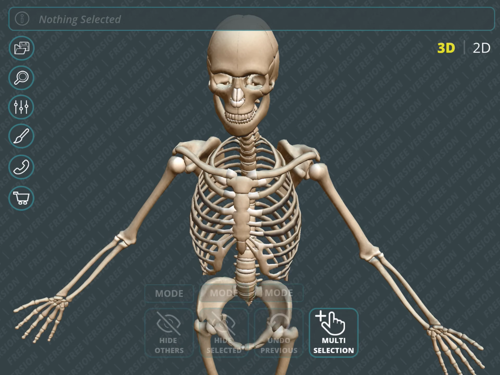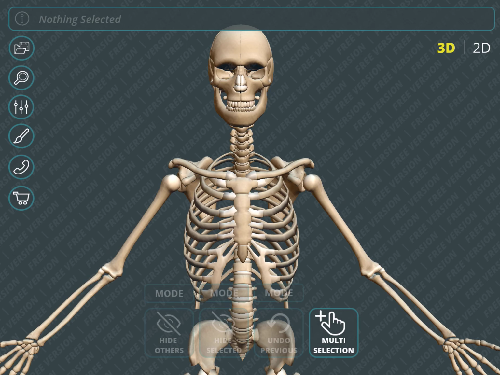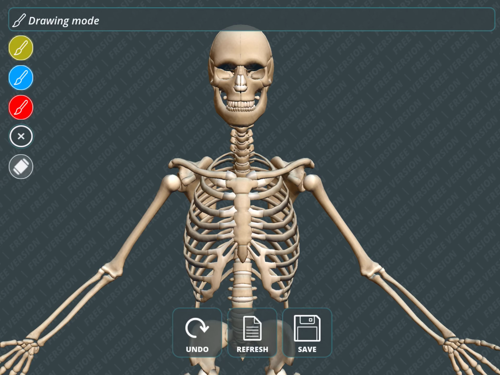Now inferiorly, as you see here, the inferior border of the thoracic cage is formed by the costal margin, okay. We'll discuss the costal margin in more details. So the thoracic cage is bordered superiorly by the superior thoracic aperture and inferiorly by this costal margin.